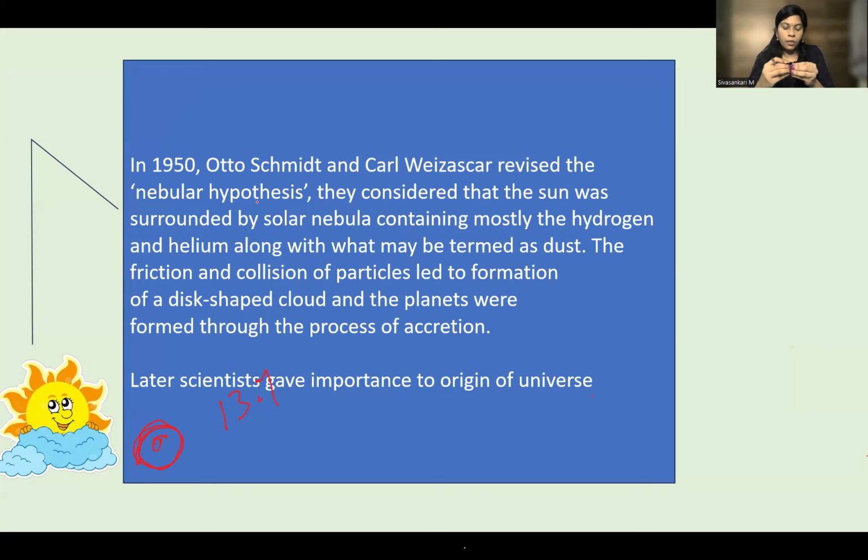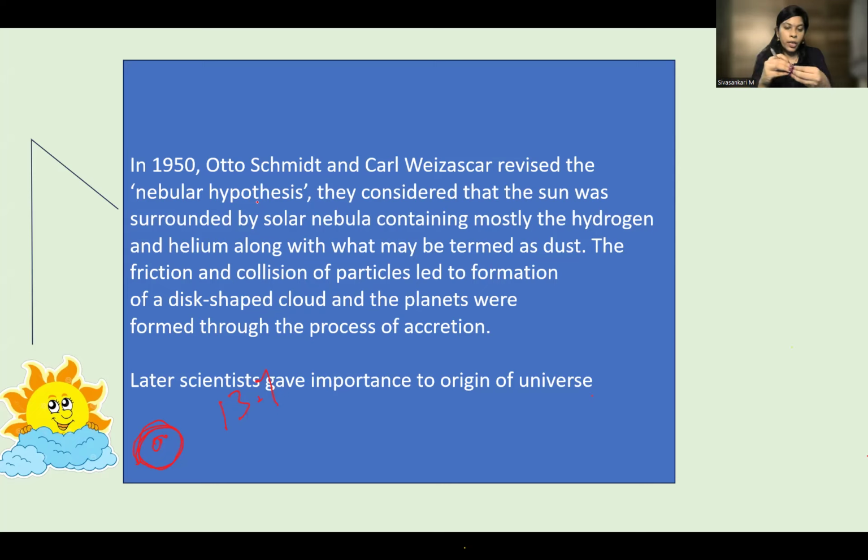However it could have happened, a star collided or it automatically got segregated. That is called a solar nebula, a cloud consisting of hydrogen and helium, floating along with dust. Then it formed the planets through collision and frictional forces.